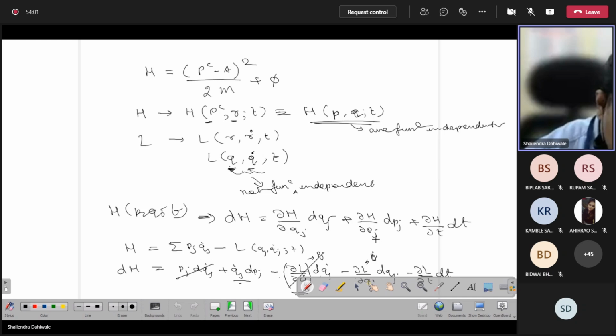Here P and Q are independent. Since P and Q are independent, the coefficients of dPj and dQj are mutually independent, so their coefficients should match. So these coefficients should match.